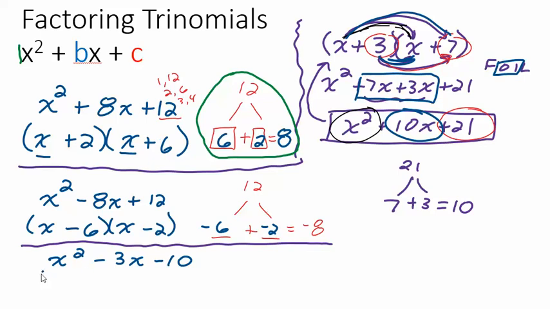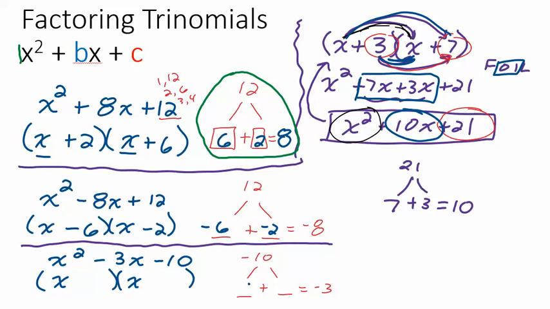All right, so I'm going to set up my parentheses. I've got x and x. I need to think of two numbers that multiply to be negative 10 and add to be negative 3. Well, since they're going to multiply to be negative 10, I know it's going to be one positive and one negative.